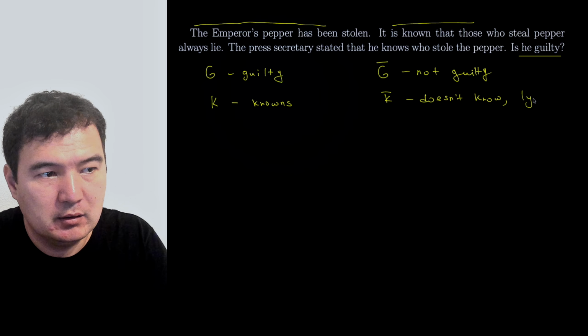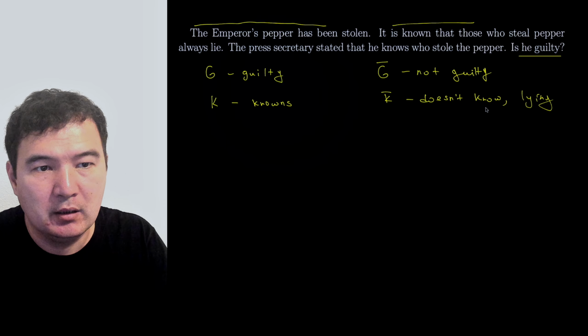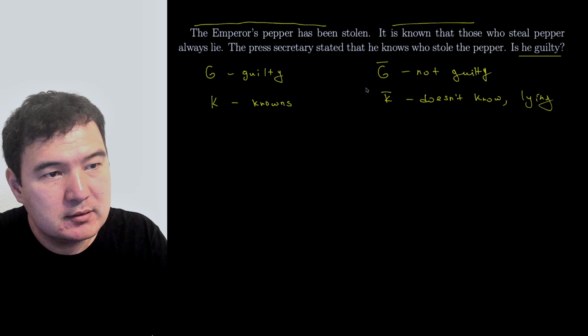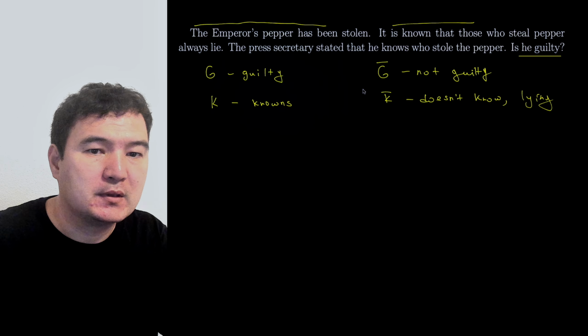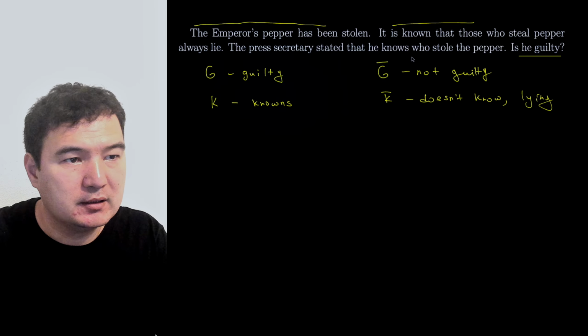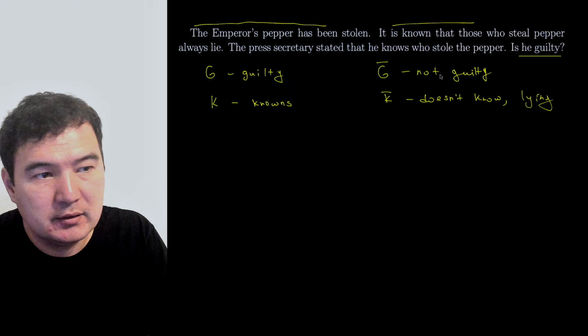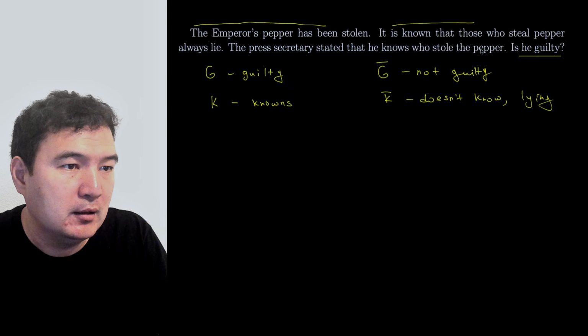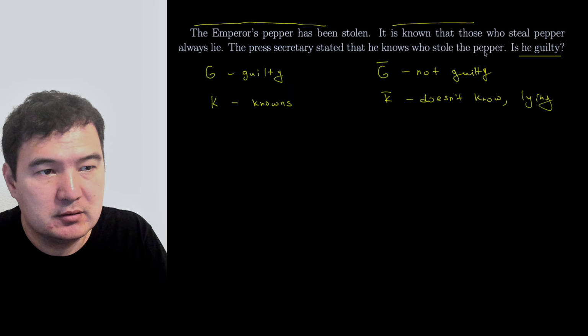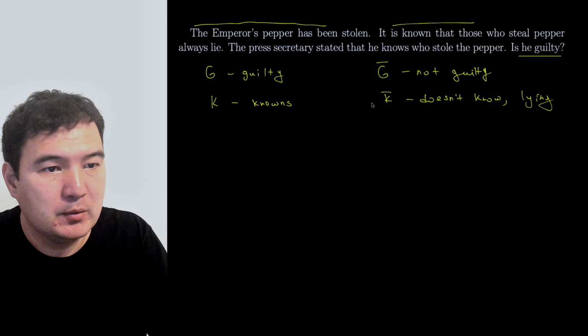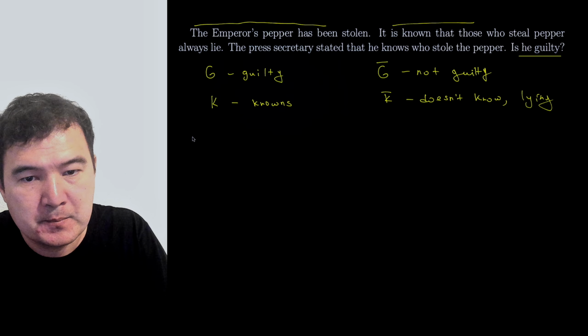So lying, there are two ways. Looking at these statements, whether it's a lie or not and guilty or not guilty, they don't depend on each other. So there are four options for us to have.